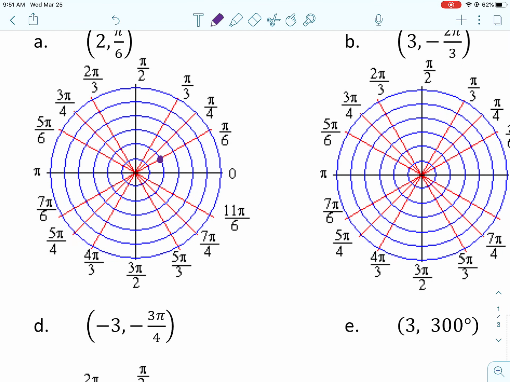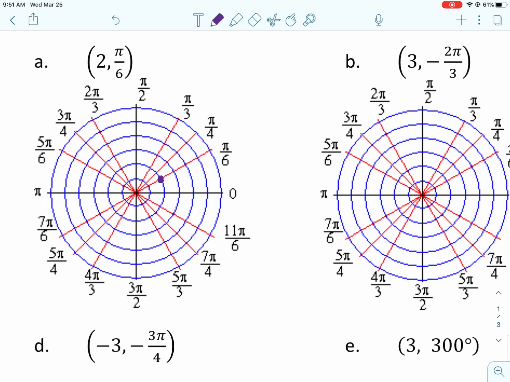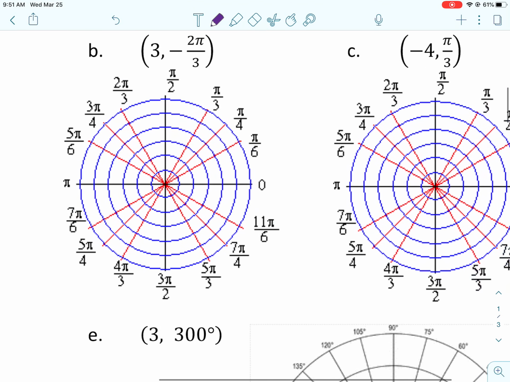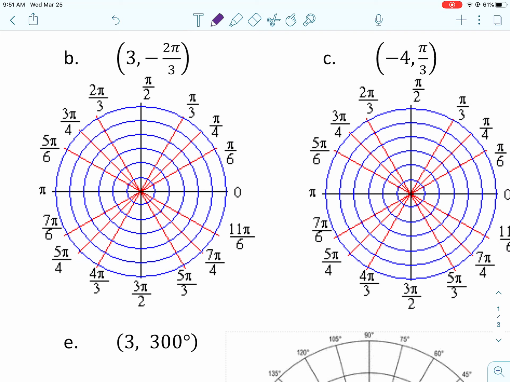This is kind of hard for me to do on here because I can't really point, so I probably will make more marks than you have to, just to show you how to get there. The easiest ones to graph are when they're both positive. When either one of your coordinates is negative, it does make it more difficult, and I'll show you on this next one what to do.